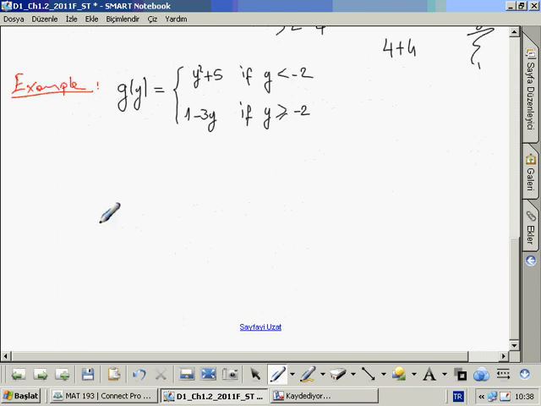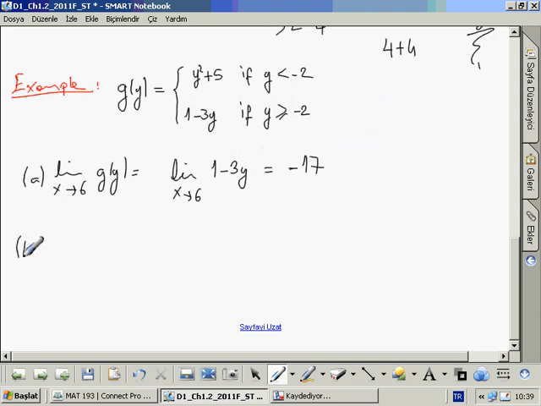What can we say about part A, the limit as x goes to 6 of g? We know that 6 is in the second side of the piecewise function, and 6 is larger than minus 2, so we can say the limit as x goes to 6 of 1 minus 3y is equal to minus 17.